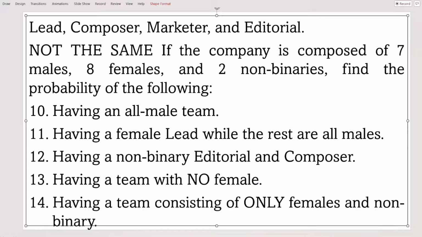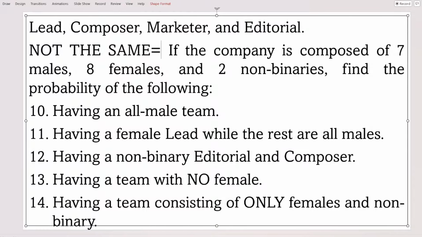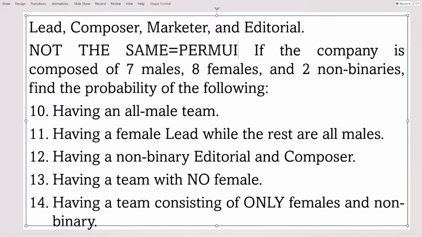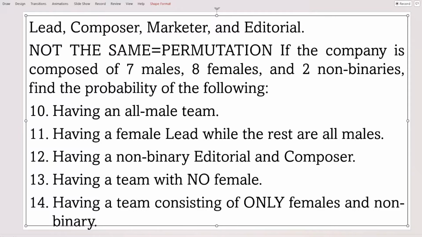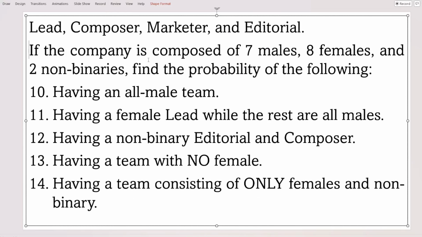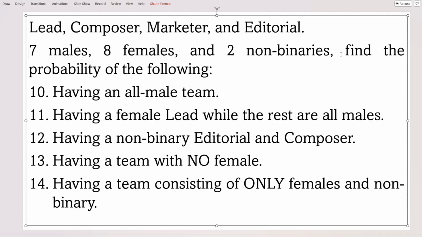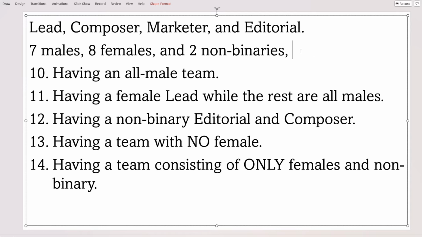Okay, so if it's not the same, okay, if it's looking at different positions, that means we are looking at a permutation problem. Okay, so we'll solve that later. What's important is that we establish that this problem is a permutation. Okay, so the company is composed of 7 males, 8 females, and 2 non-binaries.